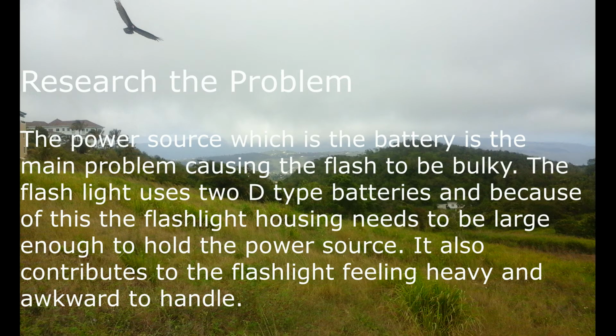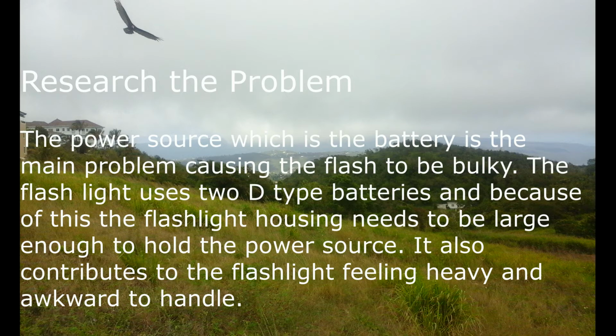Right, so the third point is to research the problem. In this section you're going to do some research to find out what is causing the flashlight to be bulky, heavy, hard to manage and awkward. So it's just a small research, nothing large. In this case we have the power source, which is the battery, as the main problem causing the flashlight to be bulky.